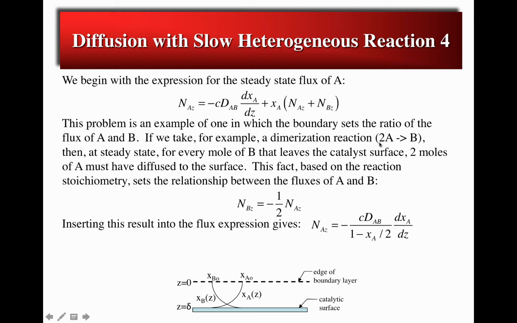And this is based simply on the reaction stoichiometry, and that stoichiometry then sets the relationship between the fluxes of A and B. In this particular case, the flux of B is half the flux of A, because you need to bring 2 moles of A in, so the flux of A has to be twice as high as the flux of B to make a mole of B. And the flux of B is in the opposite direction of A. B is going out as A is coming in.